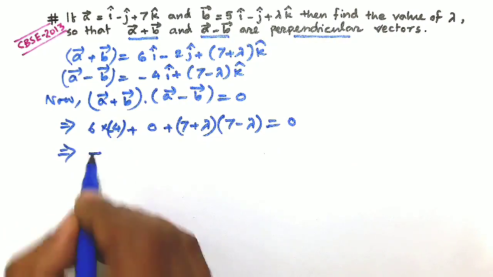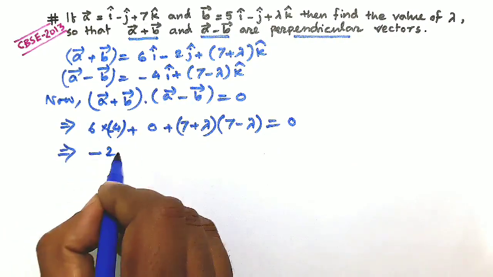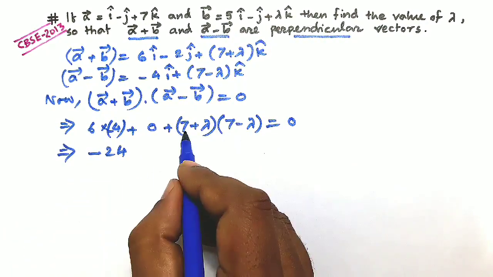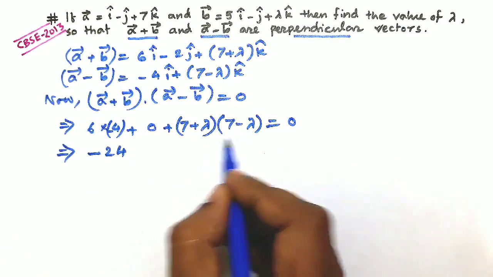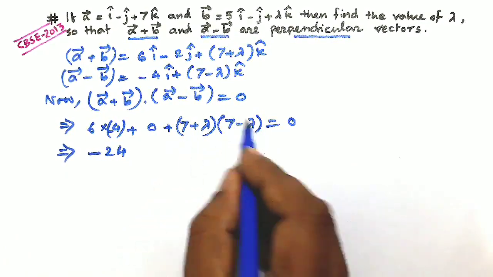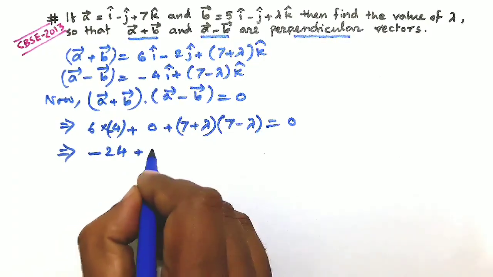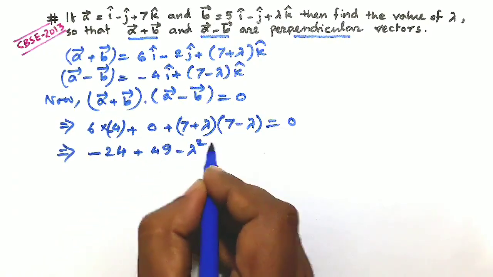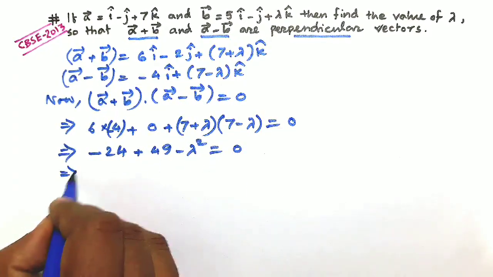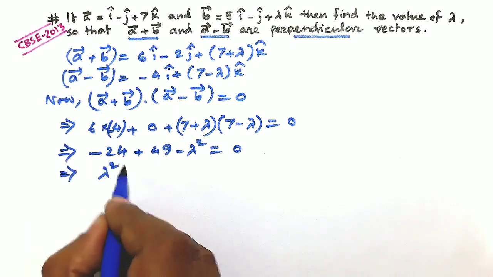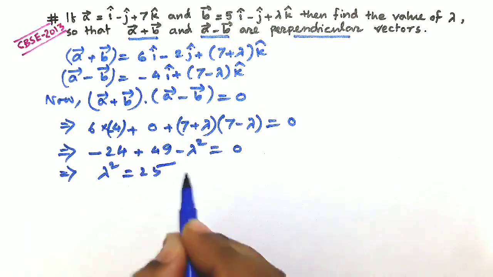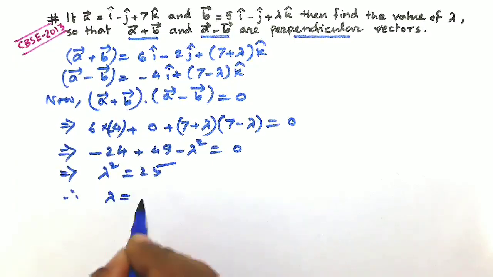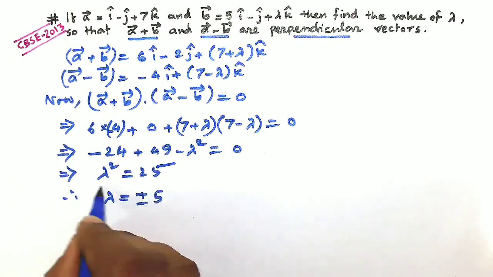So 6 fours are minus 24, and this is (a plus b) into (a minus b), there is an algebraic formula, a square minus b square. So this is 49 minus lambda square is equal to 0. So we are getting lambda square is equal to 25. Therefore lambda is equal to plus minus 5.